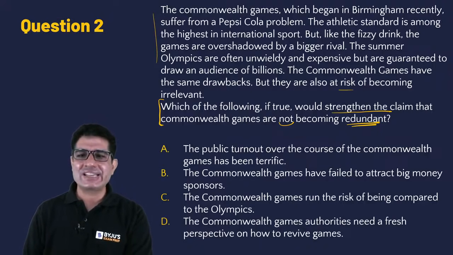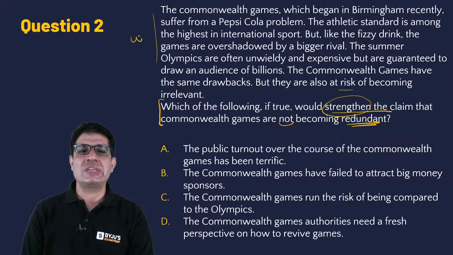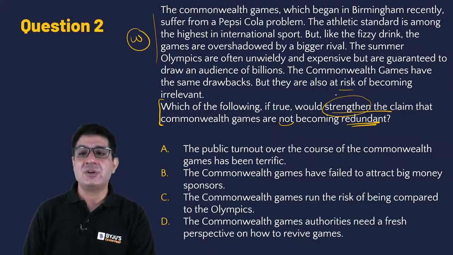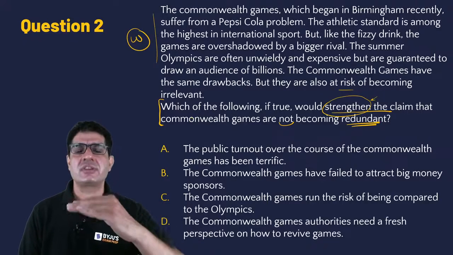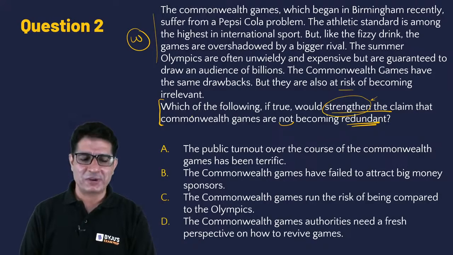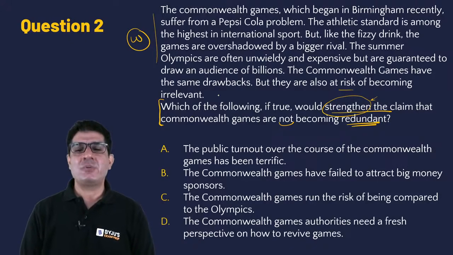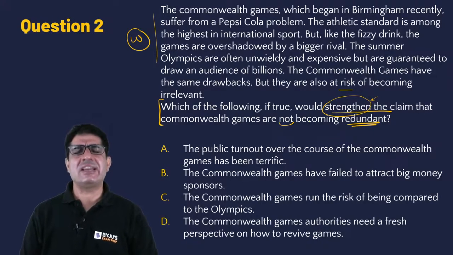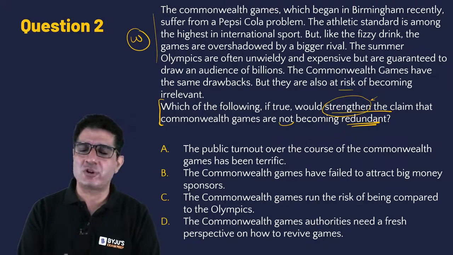So although it says strengthen here, in reality you are weakening this argument. Why and how? You are supposed to strengthen a statement that contradicts the conclusion of the argument. So basically, in a way, it is a weaken the above argument question.